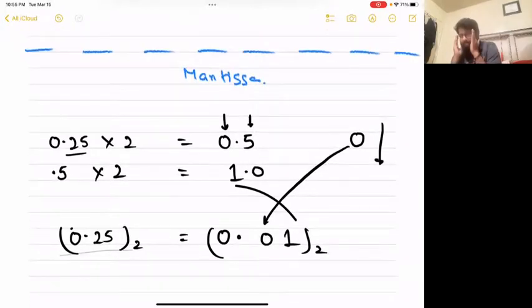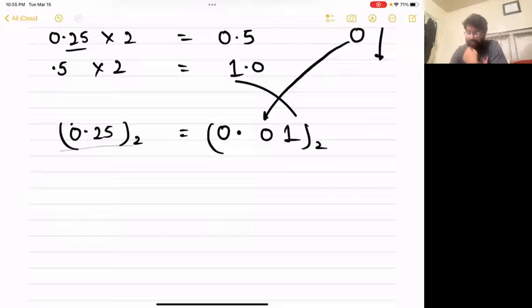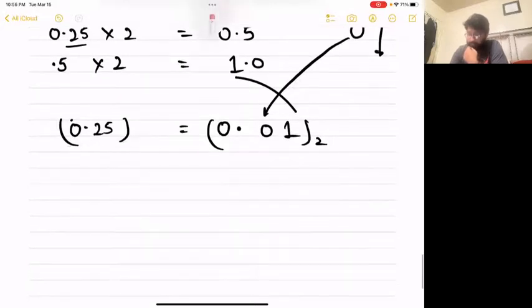Just remember, if we have a whole number, it's not a fraction, then we divide. But in order to solve the fraction part of a number, we multiply by 2. So if it's 25, we divide by 2. If it's 0.25, we multiply by 2 to find the binary conversion. So 0.25 in decimal in binary is 0.01 in binary.